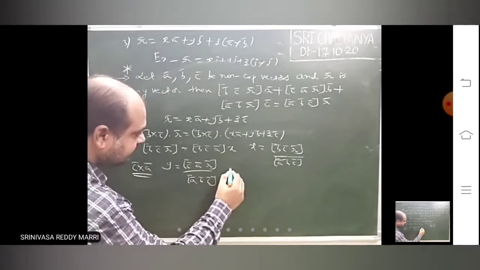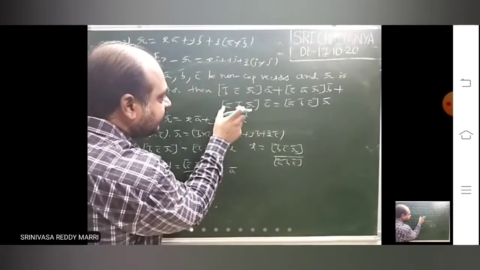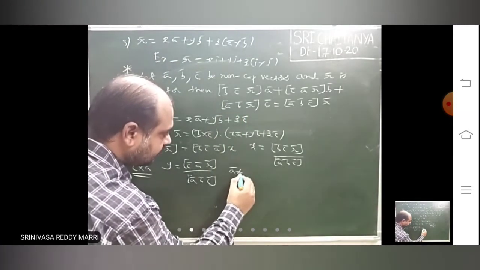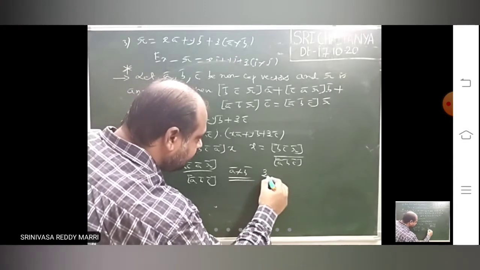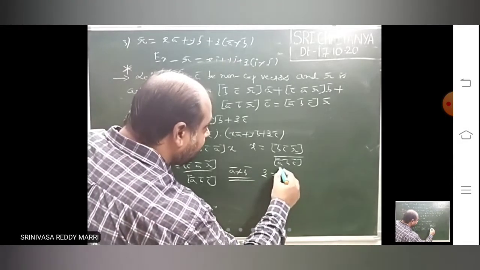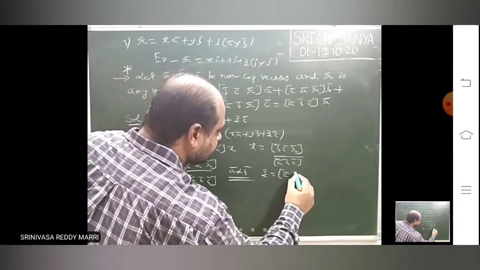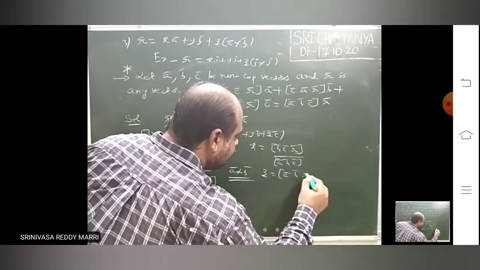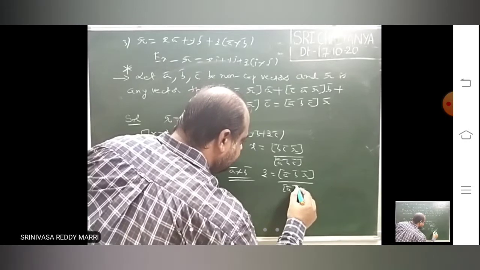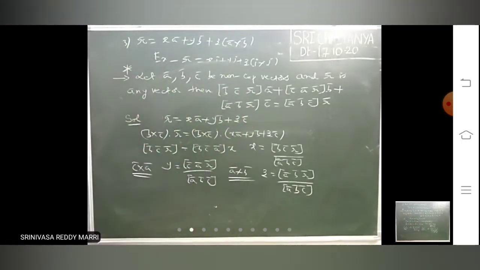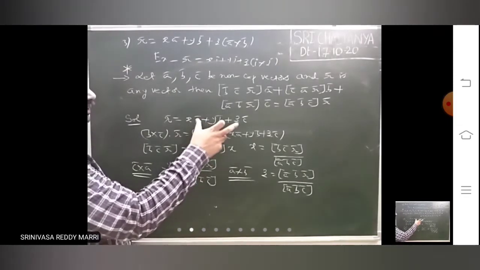Similarly, with A cross B dot product, you will get Z equals box of A bar, B bar, R bar divided by box ABC. X, Y, Z you got, just simple.